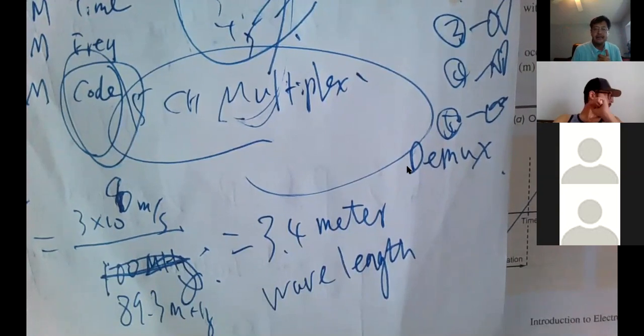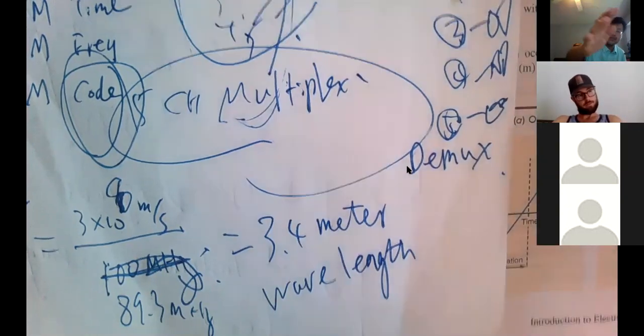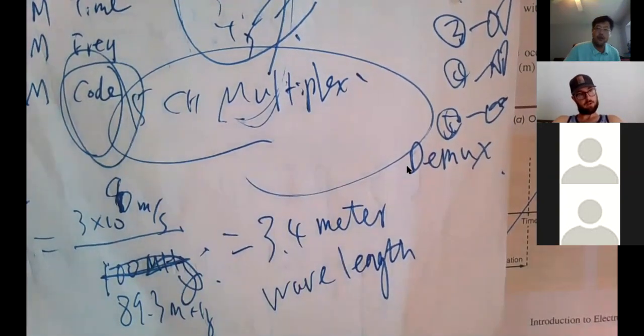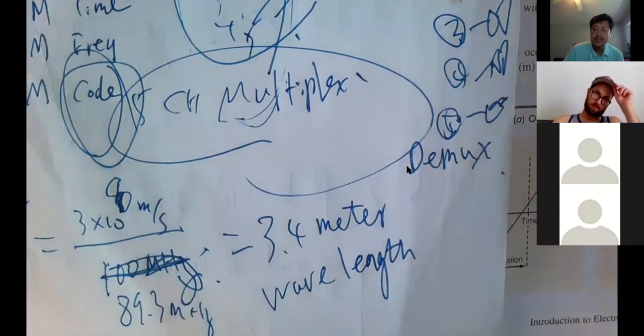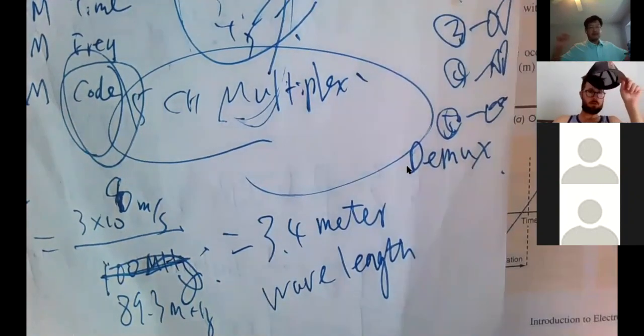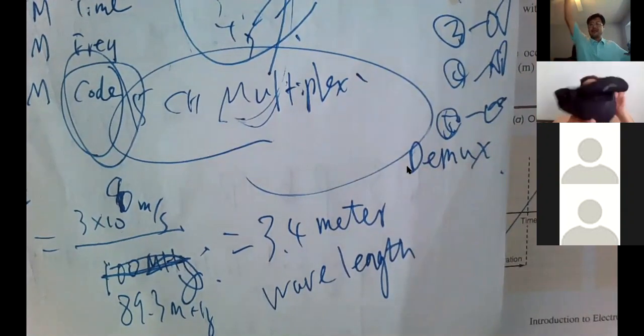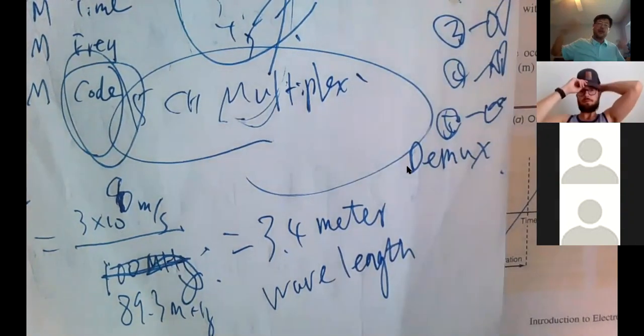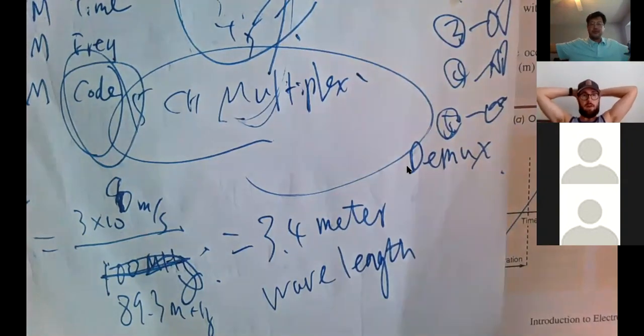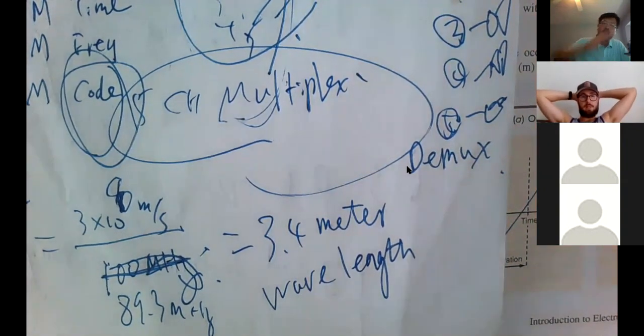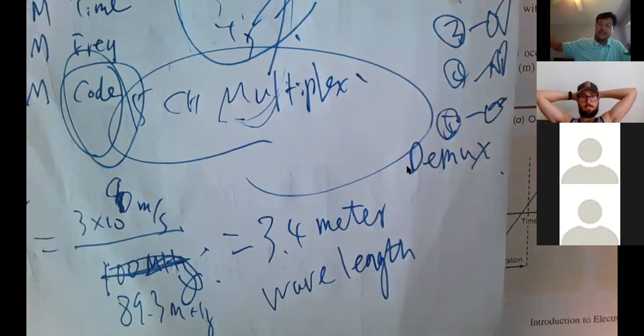In that case, the RF signal, the distance between the two waves is 3.4 meters long. I'm 1.8 meter, so it's about twice my height. So that's how far the waves are separated in RF.